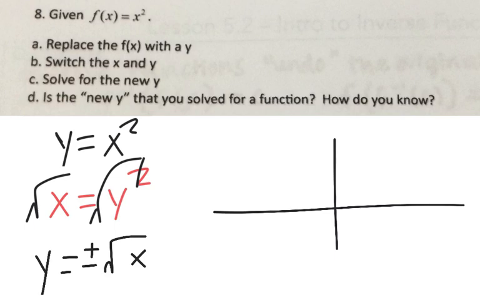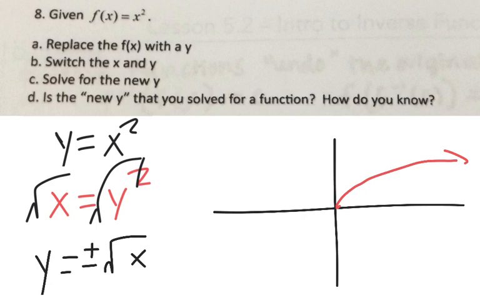So this is kind of in two pieces. Do we know how to graph y equals the positive square root of x? We just graphed it on the page before, right? It looked like that. Do I know how to graph y equals the negative square root of x? Think about your transformations.